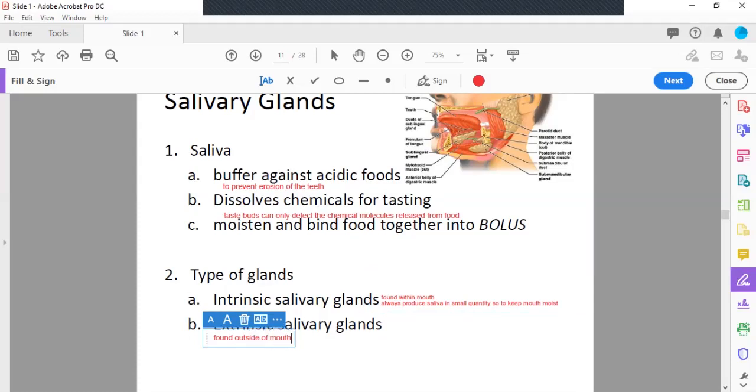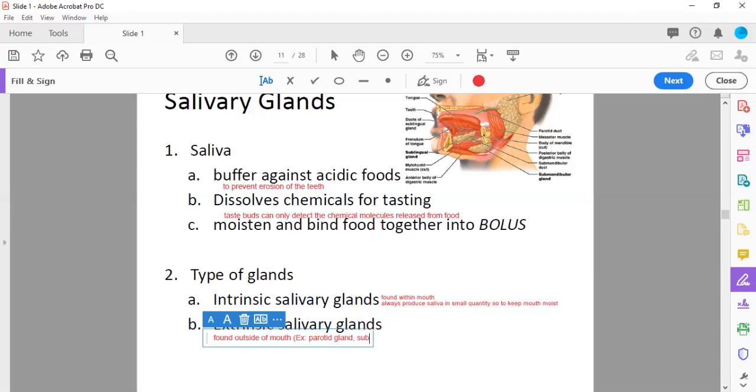Examples of these are the parotid gland, sublingual gland, and submandibular gland, and they only produce saliva when a stimulus is present.